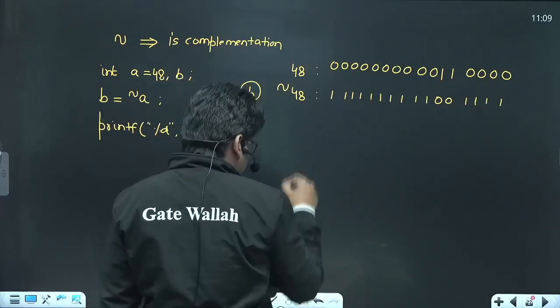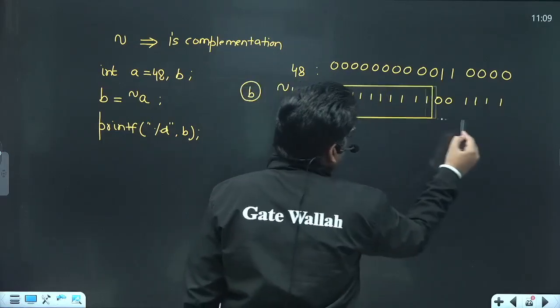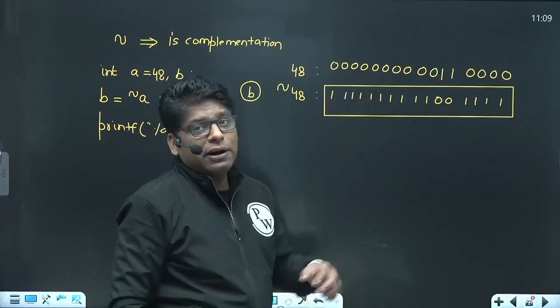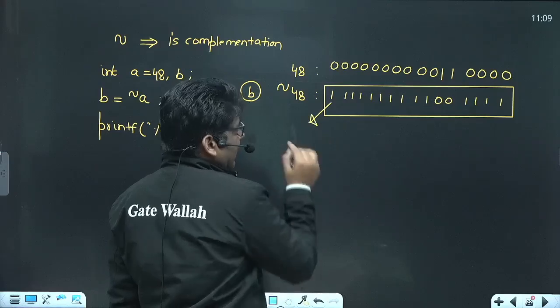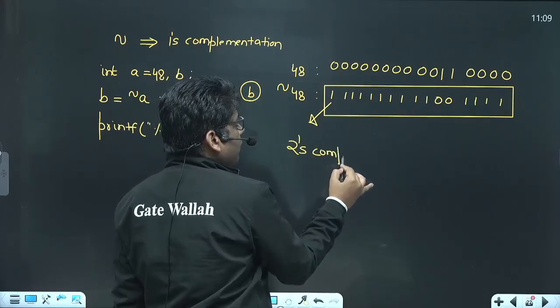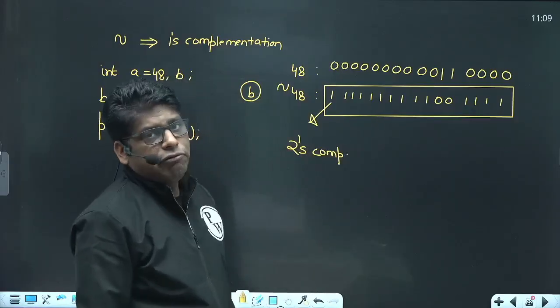Now, this number is stored in computer memory. And if I ask you, what is this number? How will you find out, sir? Only by looking at this, we can say that this number is written in 2's complement form.